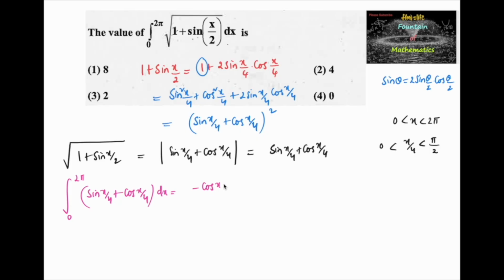So here minus cos x by 4, and coefficient of x is 1 by 4, so you should divide by 1 by 4 here, and again plus integration of cos is sin x by 4, again divided by the coefficient of x, 1 by 4, over the limits 0 to 2 pi.